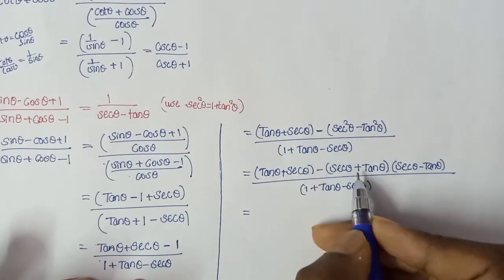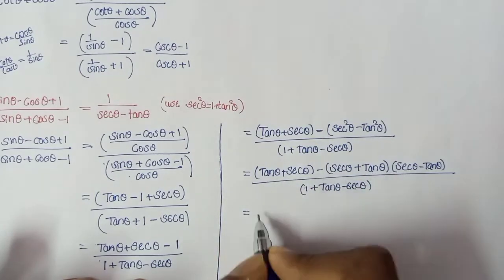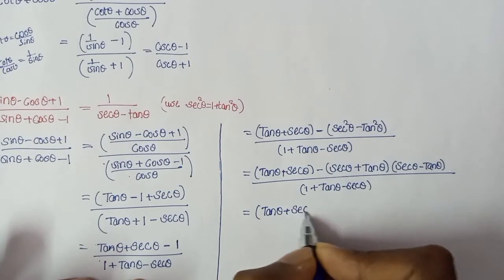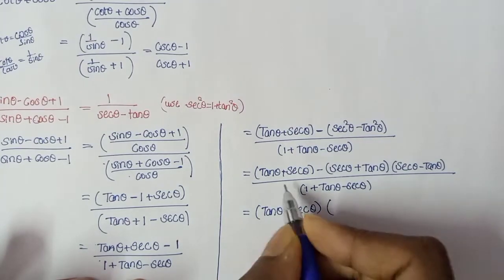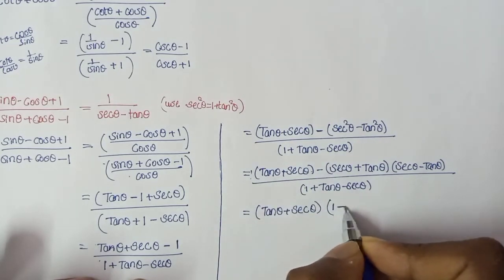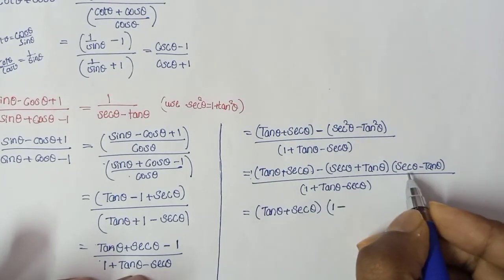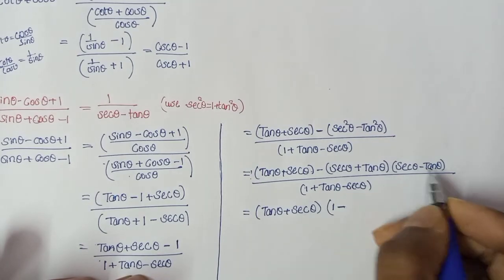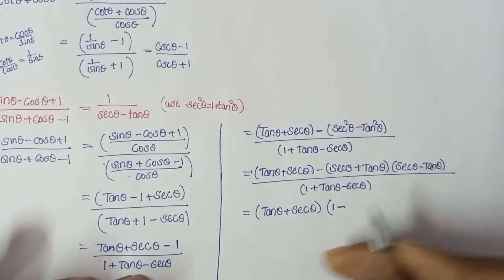So we can take tan theta + sec theta common in these two terms. If you take it common, here nothing is there, that means 1. So 1 minus (sec theta − tan theta). Here the minus symbol is there, so if you multiply this minus, sec theta − tan theta becomes tan theta − sec theta.